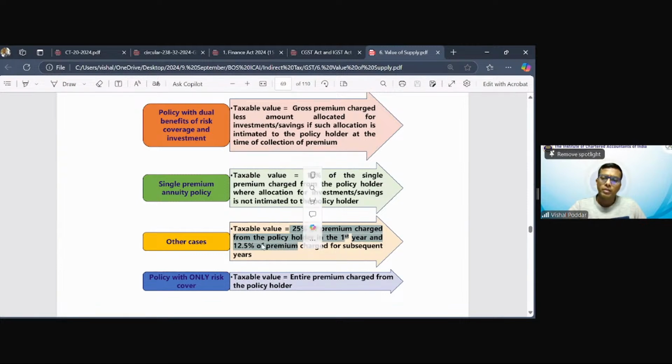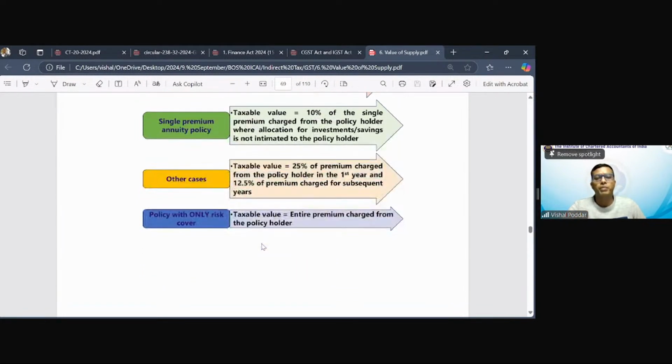So this particular part is assumed to be the value for insurance, and the balance is assumed to be the value for investment. So for the first year premium, 25% is the taxable value. For all subsequent year premiums, after the first year, it will be only 12.5% of the premium.